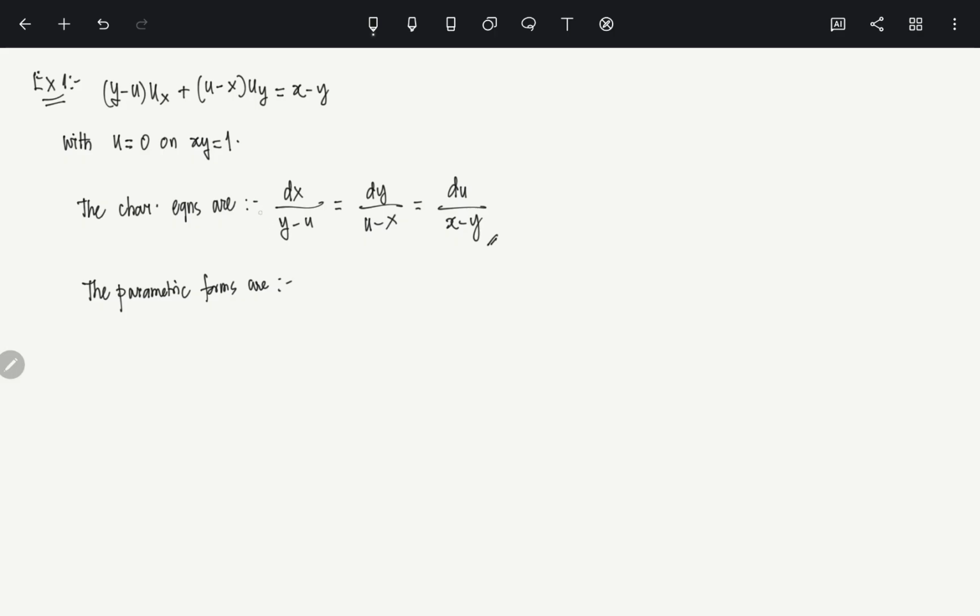So the parametric one is dx by dt equals y minus u, and dy by dt equals u minus x, and du by dt equals x minus y.